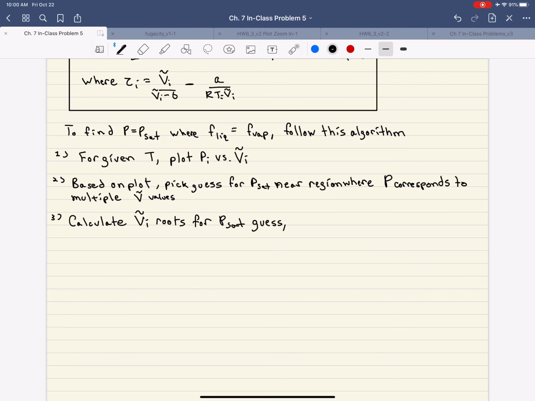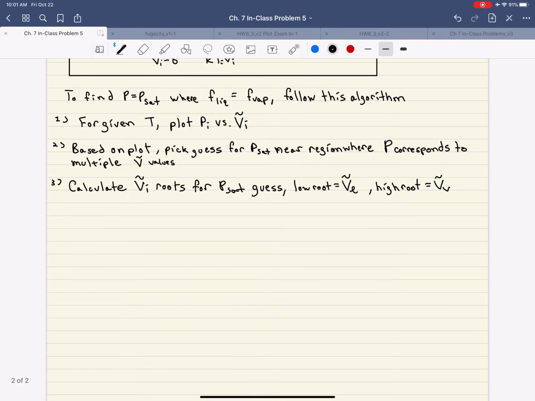Same as what you've seen before, the low root is equal to the molar volume of the liquid phase, and the high root is equal to the molar volume of the vapor phase, right? And the middle root is the unstable volume and does not correspond to a physical value.